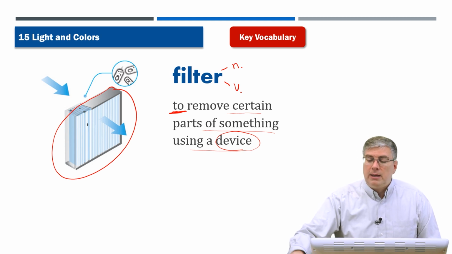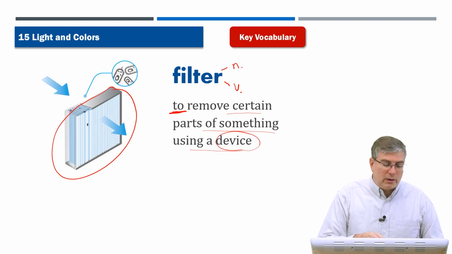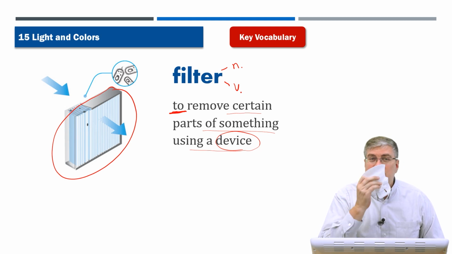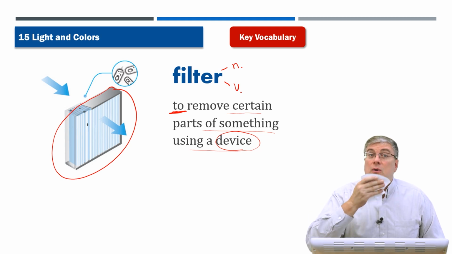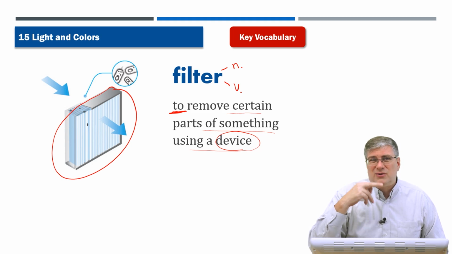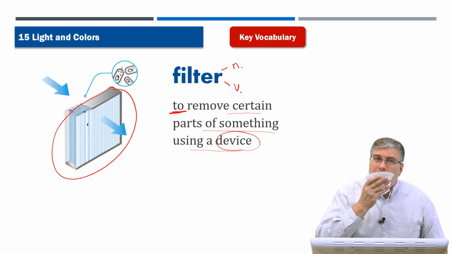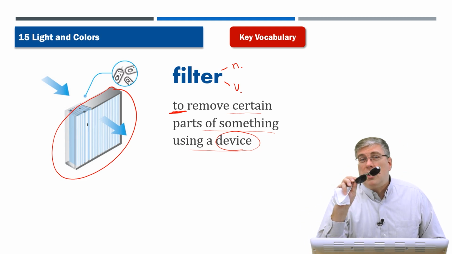And if you think about it, we have many different filters in our everyday life. Maybe you're wearing a mask these days. A mask is a filter because it removes certain parts of something, your spit, or the virus that might be coming from your mouth or nose, usually your mouth, and it prevents it from going into the air. Sunglasses are also a filter.